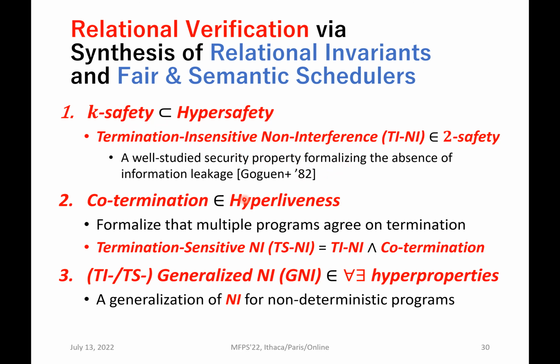We also discuss co-termination, which is an example of a hyperliveness property that formalizes that multiple programs agree on termination. And it is known that termination-sensitive non-interference boils down to termination-insensitive non-interference and co-termination. We also address a generalization of non-interference for non-deterministic programs, which is an example of forall-exists hyperproperties.